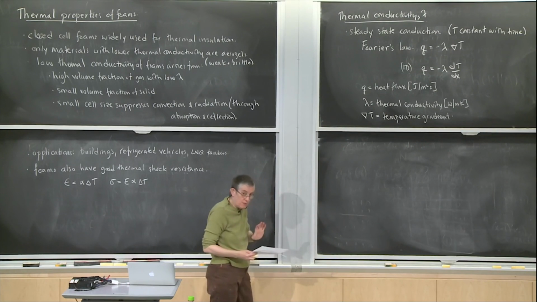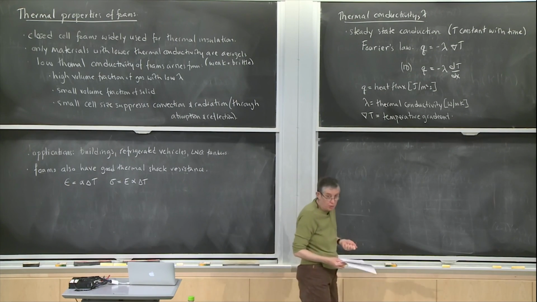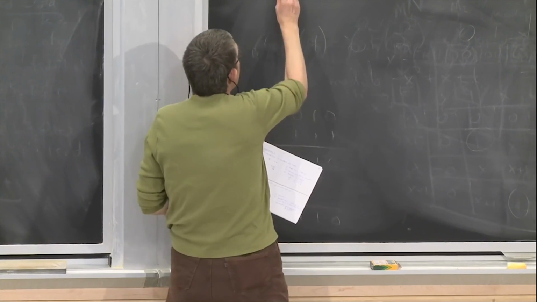And then just so that we have things a little more complete, if you have non-steady heat conduction, if the temperature varies with time, then there's a different equation that involves the thermal diffusivity.